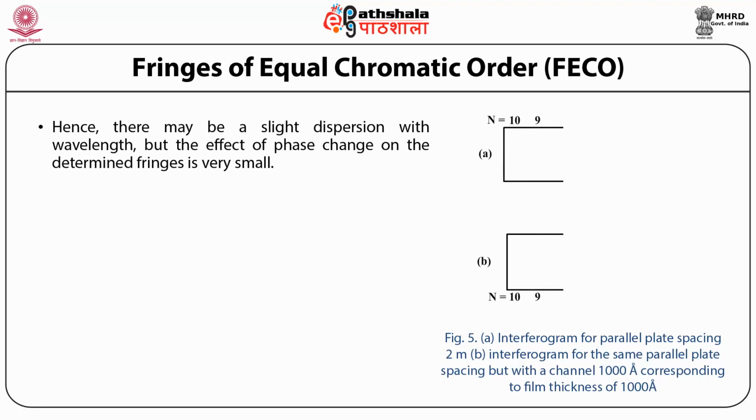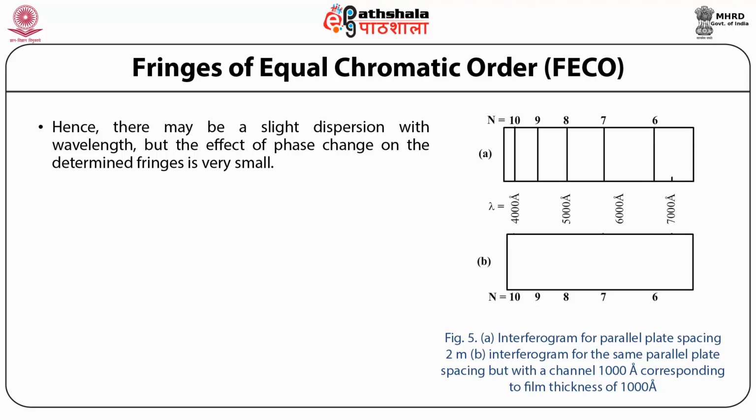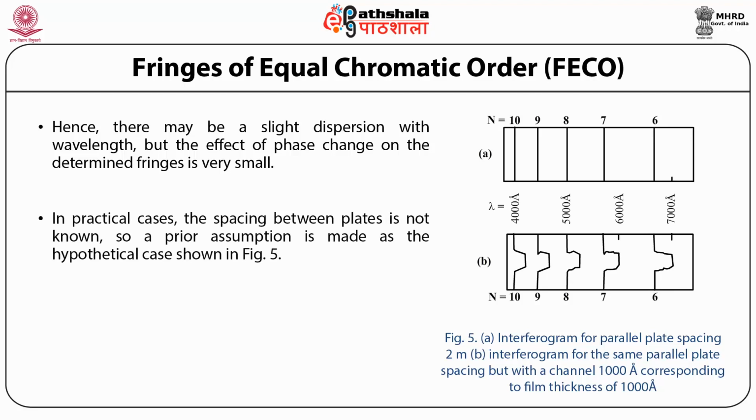Hence, there may be a slight dispersion with wavelength, but the effect of phase change on the determined fringes is very small. In practical cases, the spacing between plates is not known, so a prior assumption is made as in the hypothetical case shown in figure 5.